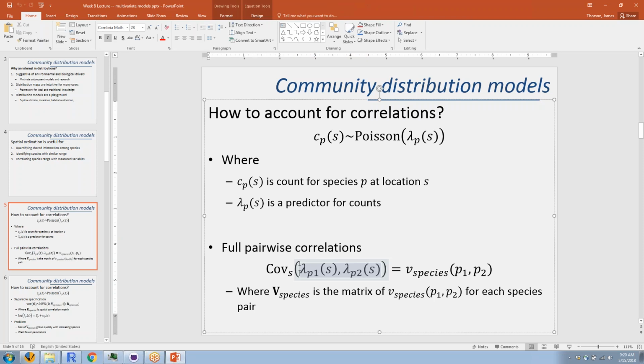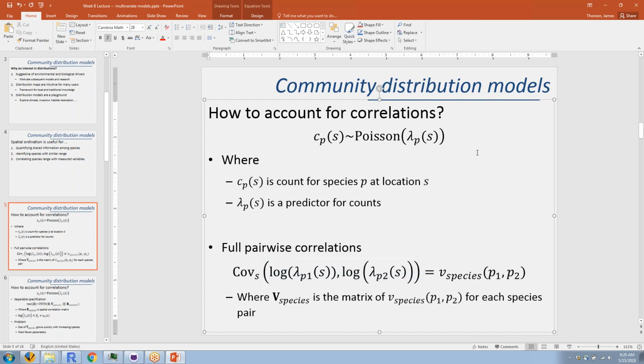I'll say that the covariance is operating in log space, because that's the way we usually model it later.